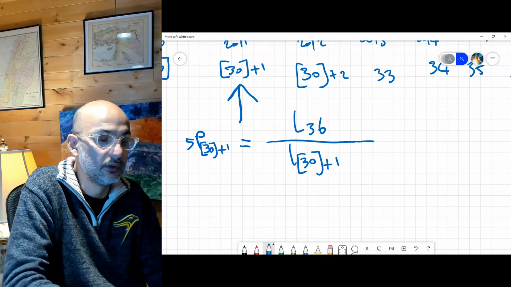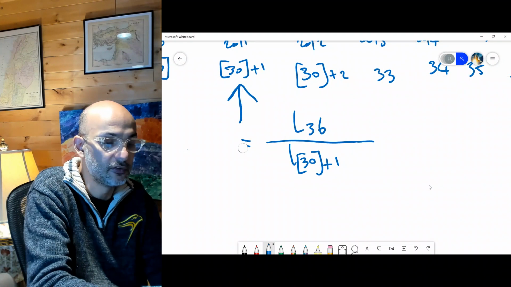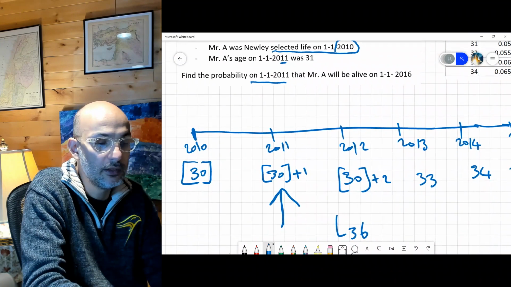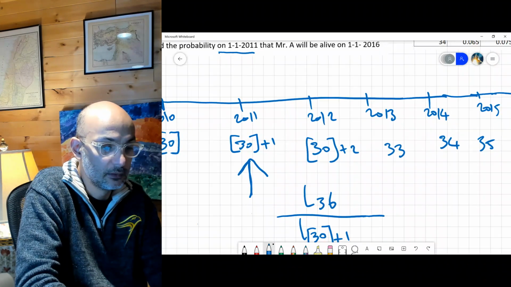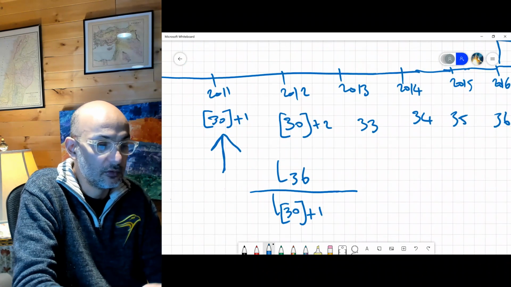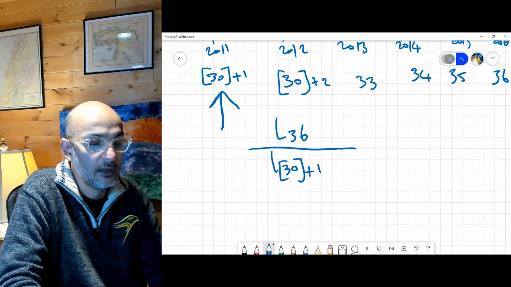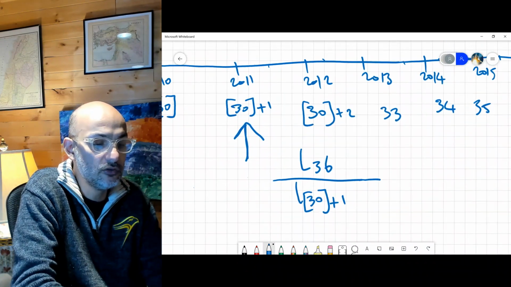Let's not confuse ourselves, just focus on this one. The question is find the probability on 1/1/2011 that Mr. A will be living, actually 4. 1, 2, 3, 4. Yeah, 5. So we have 1 period, 2 period, 3 period, 4, 5 period. So we need to see what's the probability that he will be alive. So I use L3.